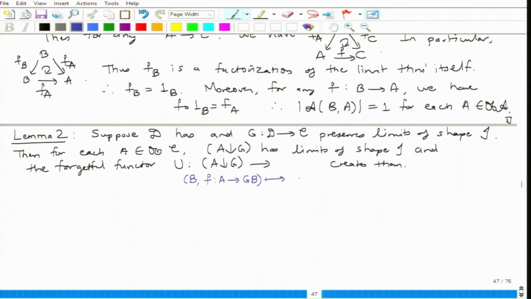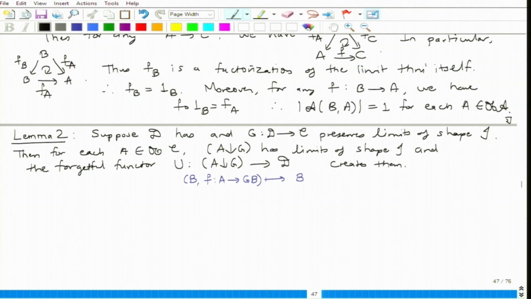Okay, where will I map it to? I will forget about some part. So obviously I should forget about the morphism, because morphism depends on it. And where is B coming from? D. Okay. So the forgetful functor creates them. So actually this statement itself is telling us the way to find these things.